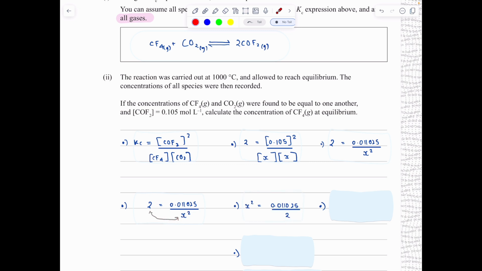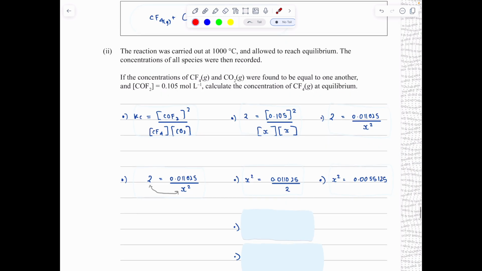And then once you rearrange, you can carry out 0.011025 divided by 2. And it shows that x squared is 0.055125. But we don't want x squared. We just want to know what one of the x's is.